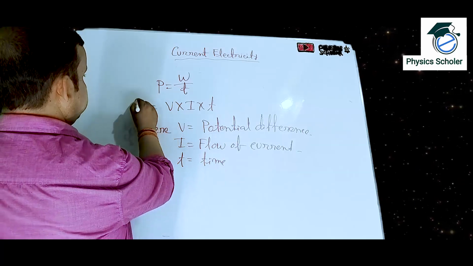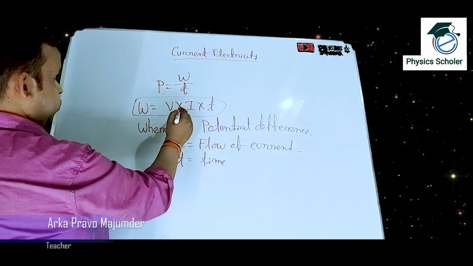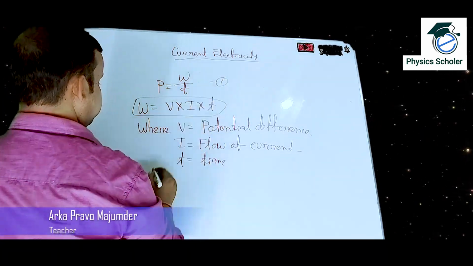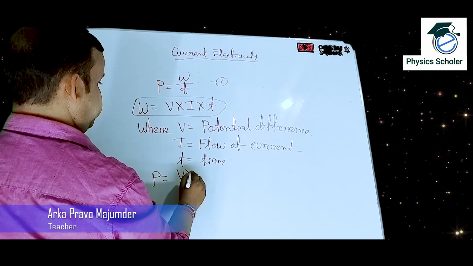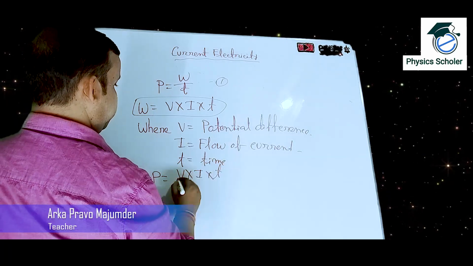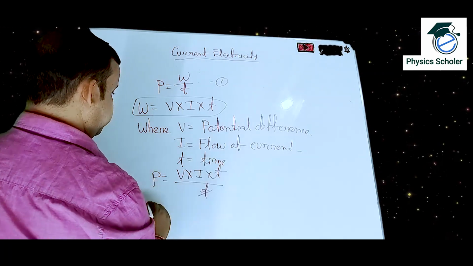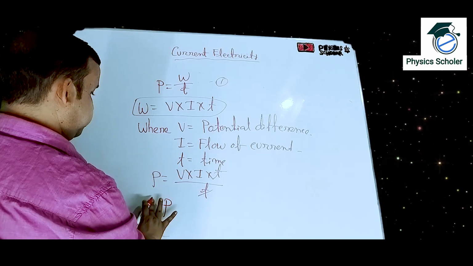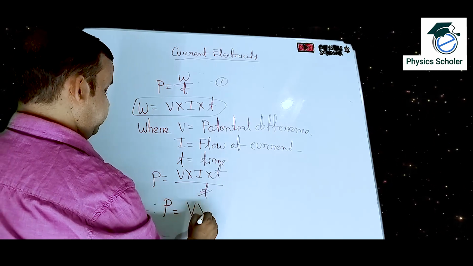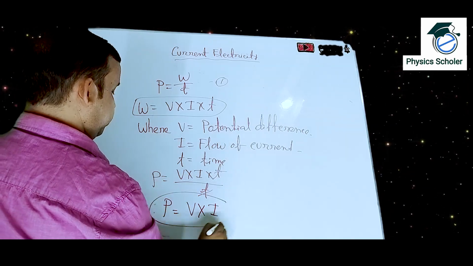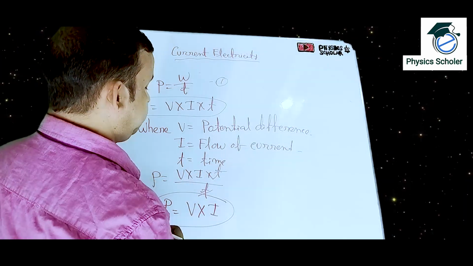So that is the value of W. Now we put this in equation 1. So P is equal to V into I into T by T. T will be cancelled. Therefore P is equal to V into I. So power is equal to voltage into flow of current.